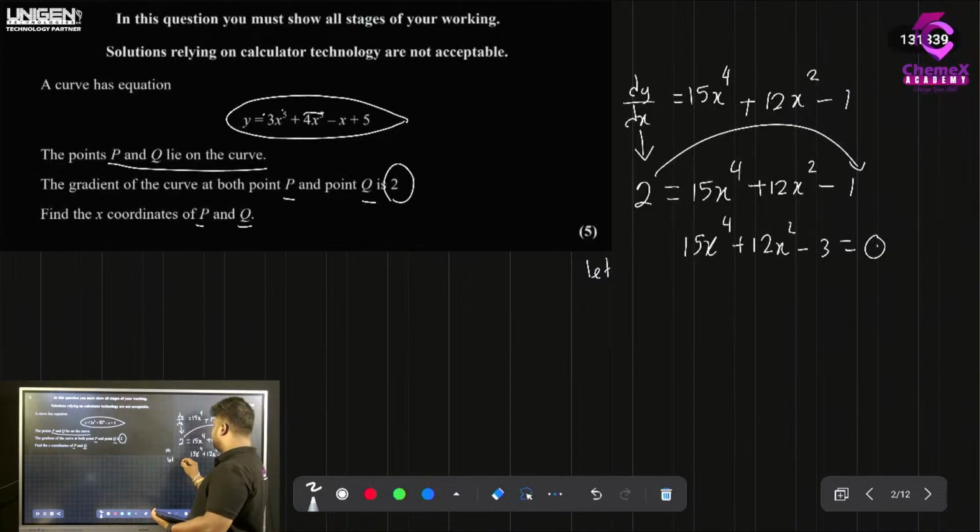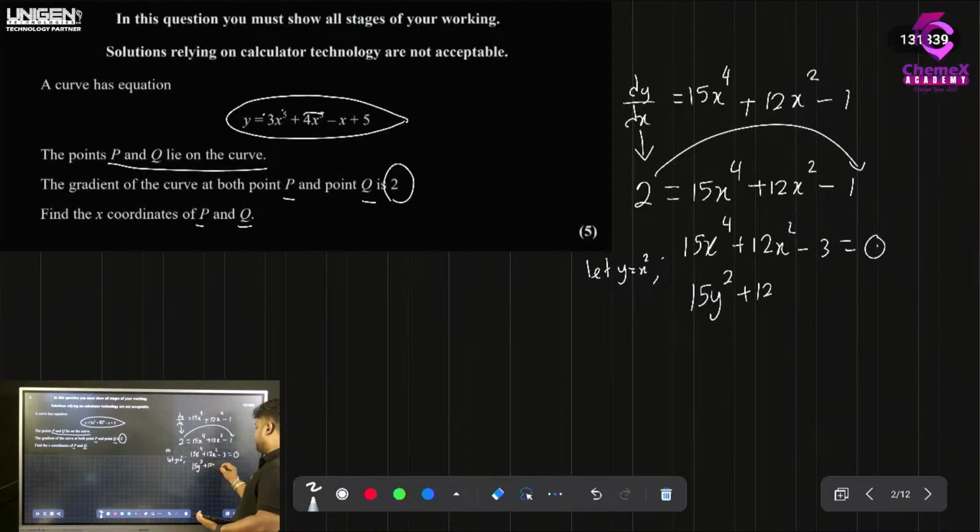Let y be equal to x squared. So 15 y squared plus 12 y minus 3 equals 0. Okay, you can divide by 3 if you want. 5y squared plus 4y minus 1 equals 0.